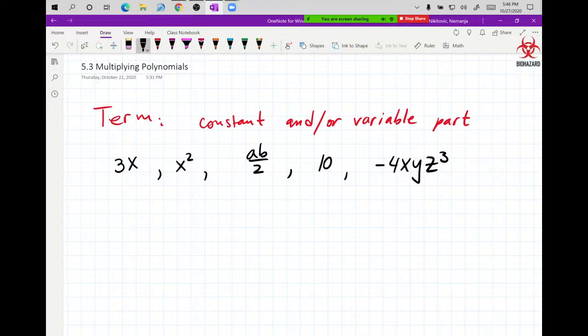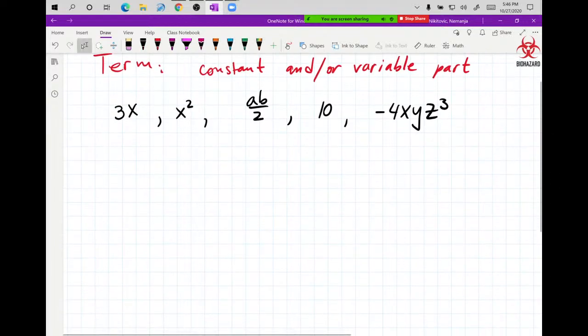And what we do now is we multiply and use the properties of exponents, where we add exponents and subtract exponents, depending on what we do with terms.